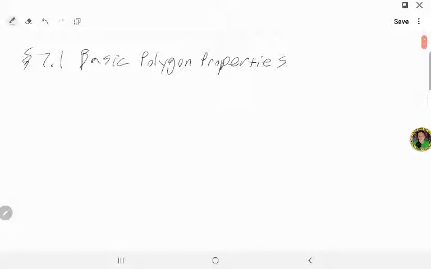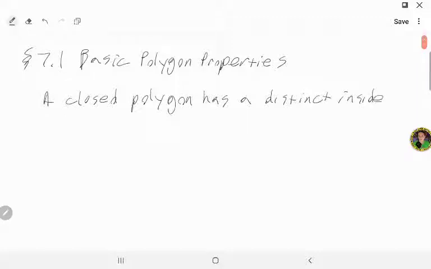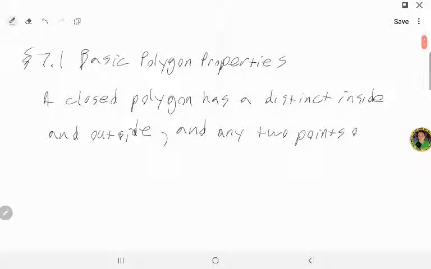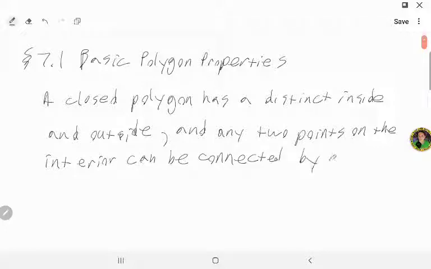So for everyday purposes, we know that a closed polygon has a distinct inside and outside, and any 2 points on the interior can be connected by a simple line.